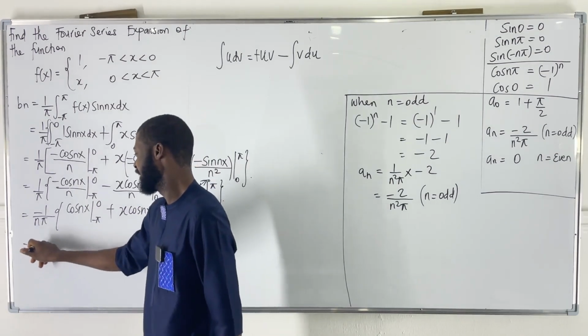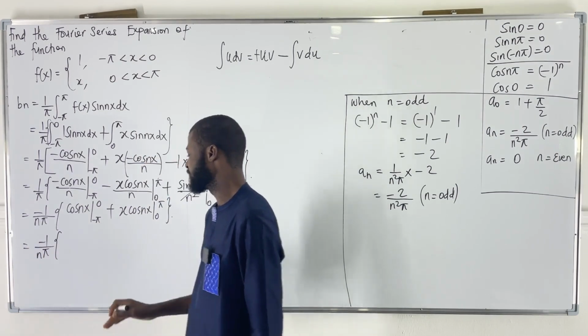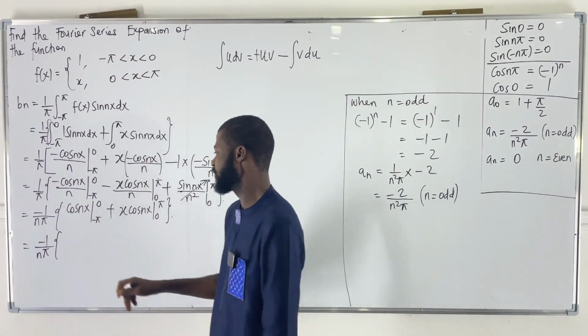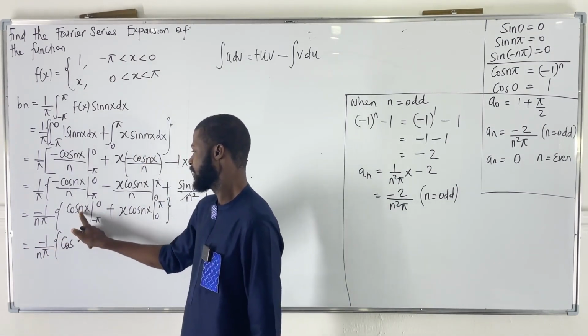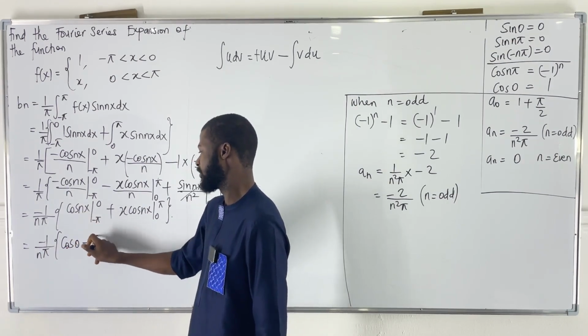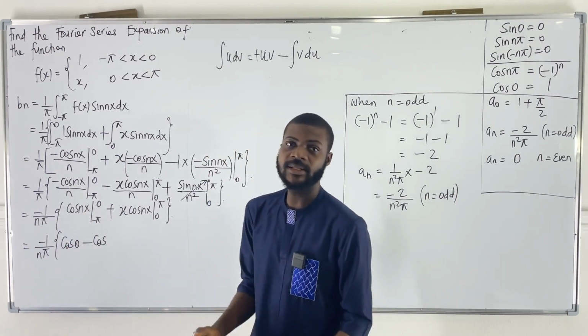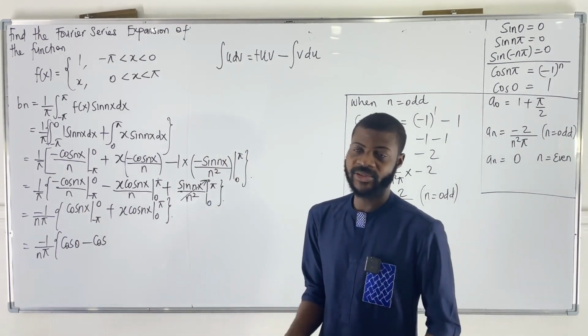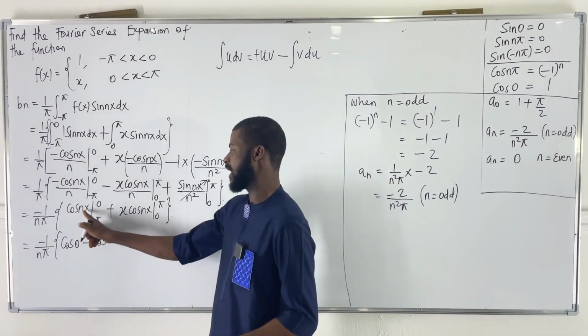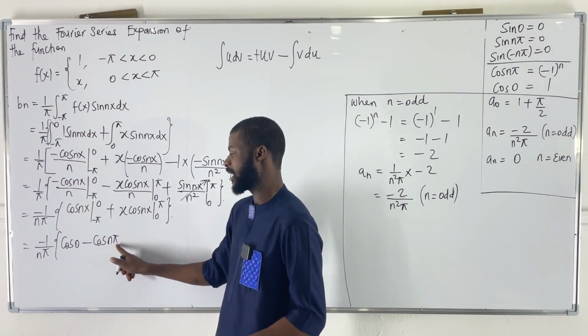So this will be minus 1 over n pi. And then let's put in our limits. This will be cos 0, because n times 0 is still 0, and then minus cos, put in minus pi here. But here's the thing, cosine is an even function. So even if you put in a negative angle, minus n pi, it's still the same as n pi.